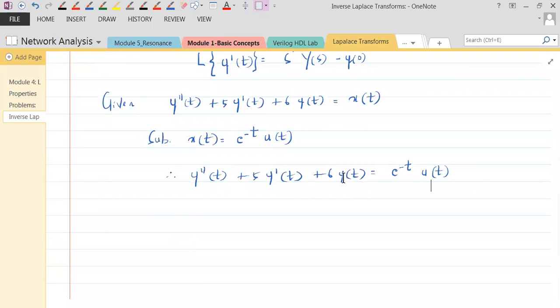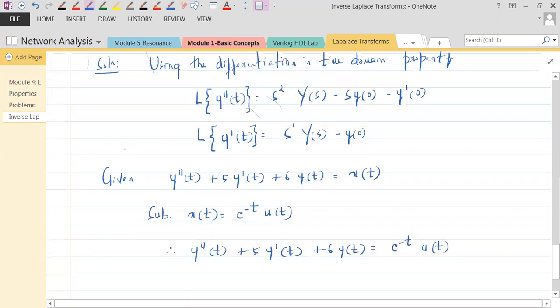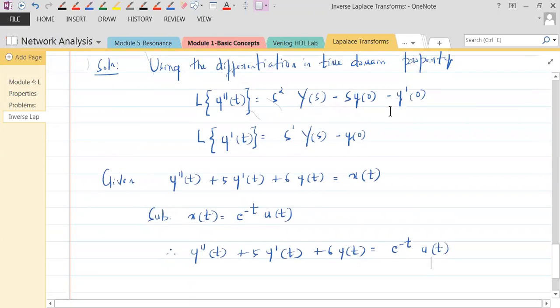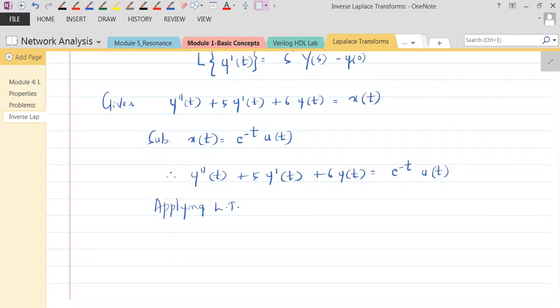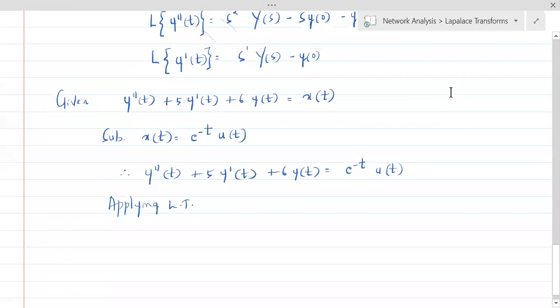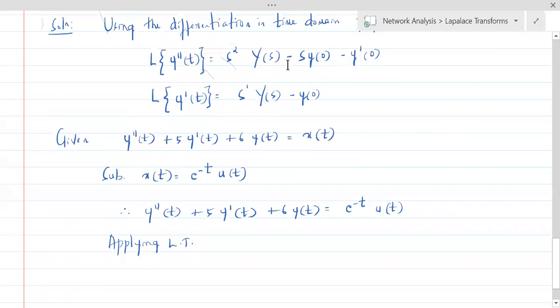So now let's apply the Laplace transform. Because we know if you apply Laplace transform, how does it become? So applying Laplace transform, what would happen? It would become a big equation.